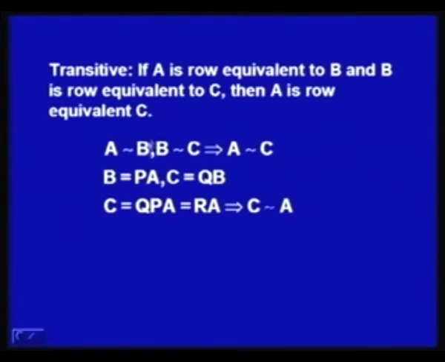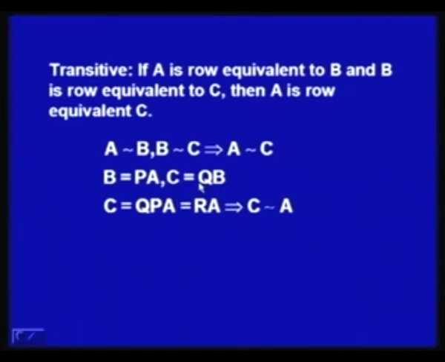To prove this, let us say A is equivalent to B means there exists a matrix P such that B is equal to P A. Now, B equivalent to C means there exists an elementary matrix Q such that C is equal to QB.